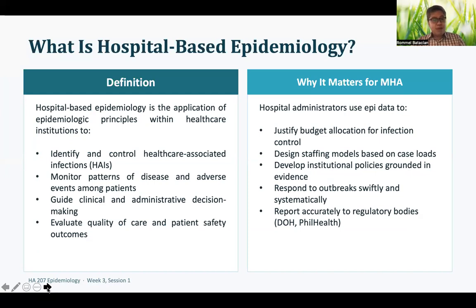It is the application of these principles within the healthcare institutions in order to identify and control healthcare-associated infections, monitor patterns of disease and adverse events among patients, guide clinical and administrative decision-making, and evaluate quality of care and patient safety outcomes.